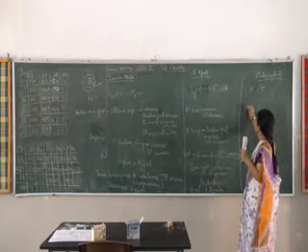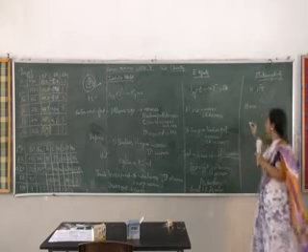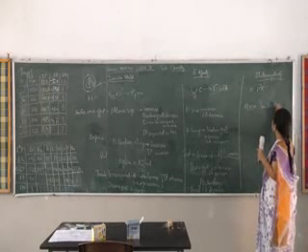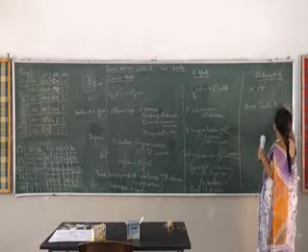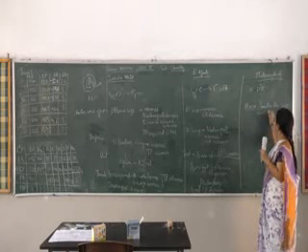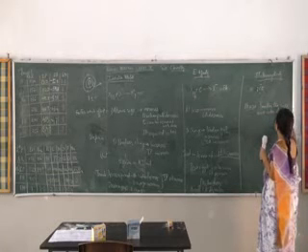Again, atomic size. The smaller the size, the more is the electronegativity.